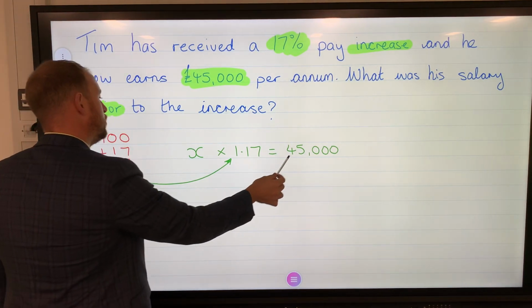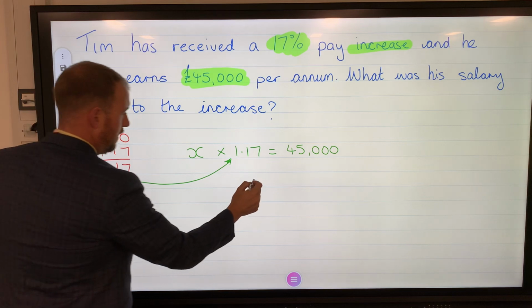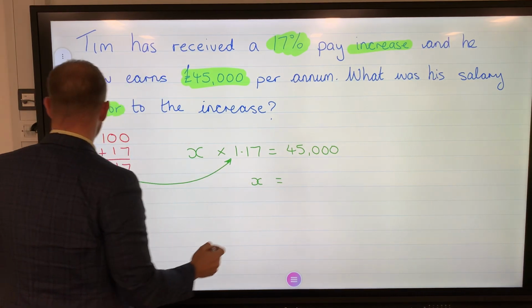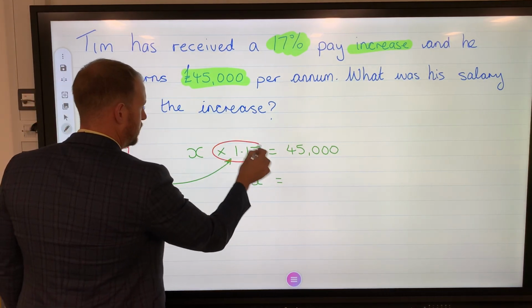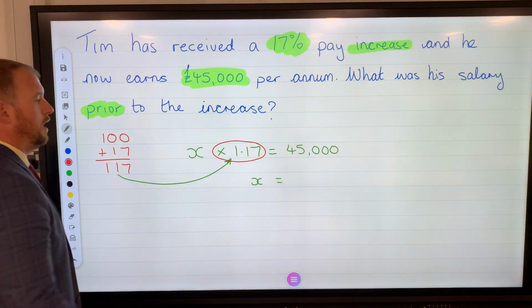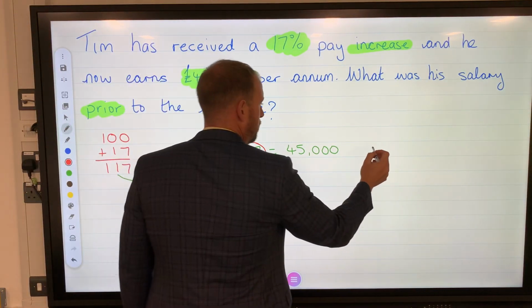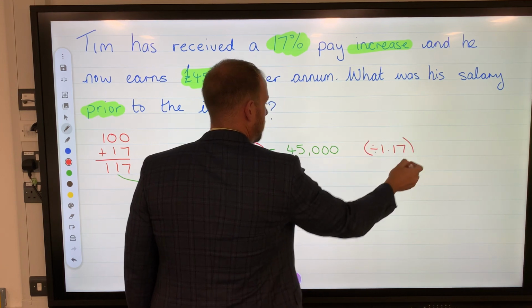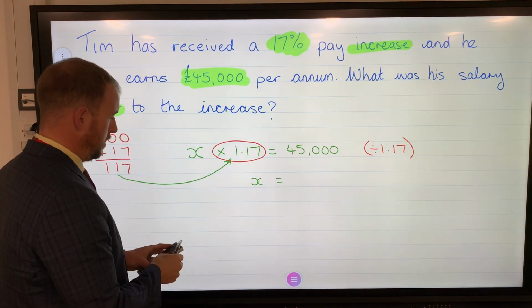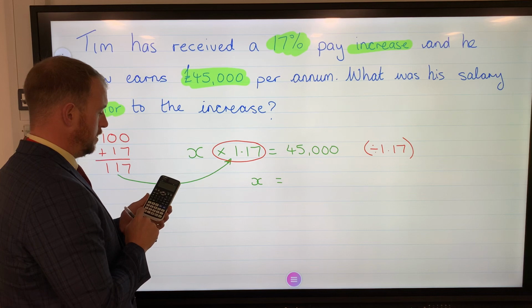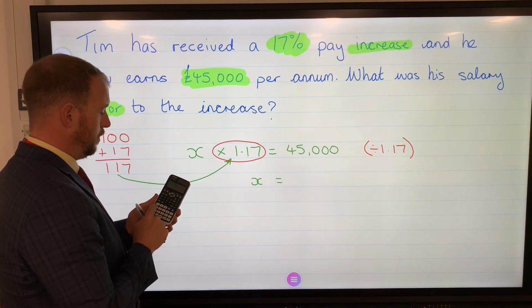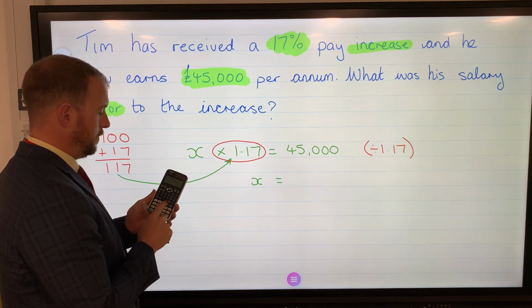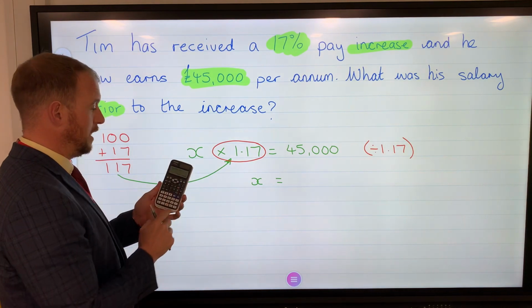So, therefore, to work backwards to find the value of X, we need to do the inverse to solve. And the inverse of times by 1.17 is to divide by 1.17. So again, on your calculator, 45,000 divided by 1.17. I have to press SD because it gave me a fractional answer.